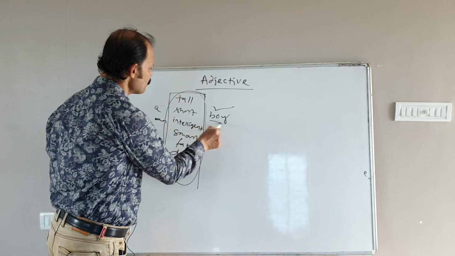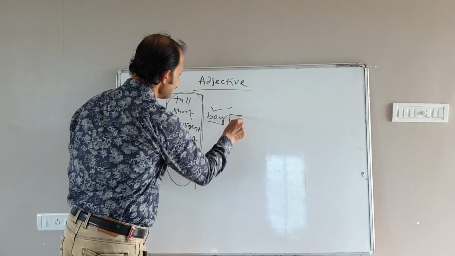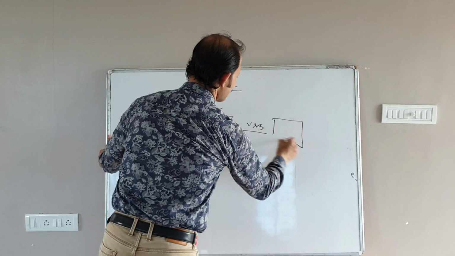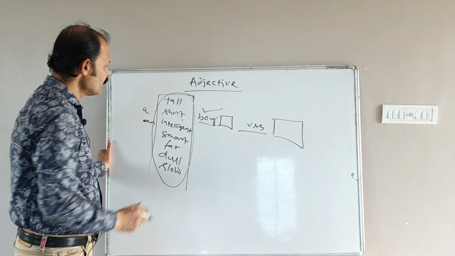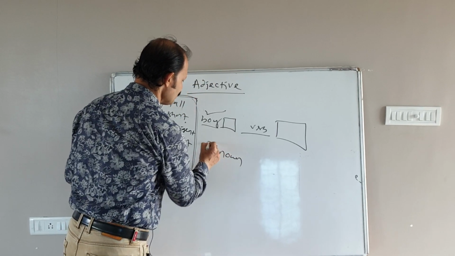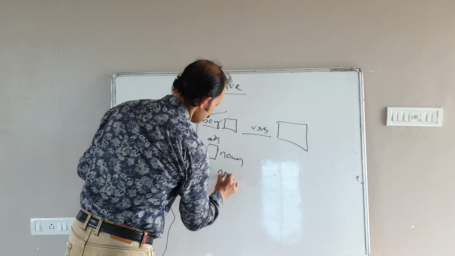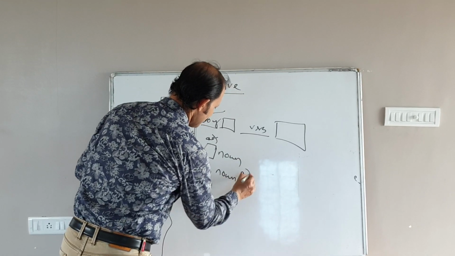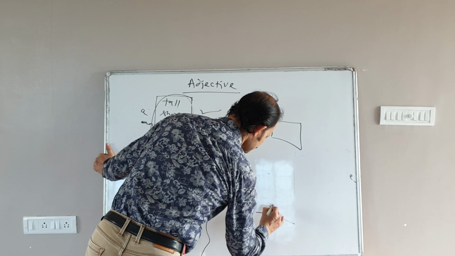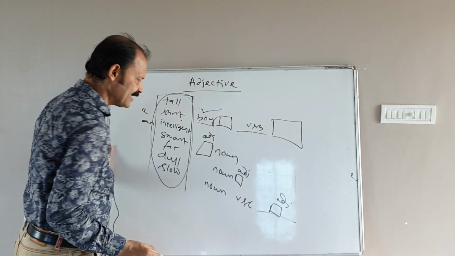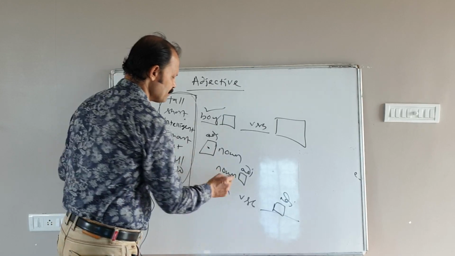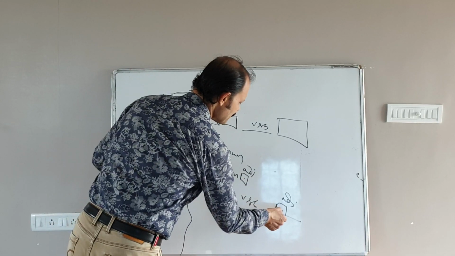Sometimes the adjective may occur before the noun, sometimes immediately after the noun, and sometimes in the predicate part, after the verb. In these cases it is an attributive adjective, a post positive adjective, and a predicative adjective.